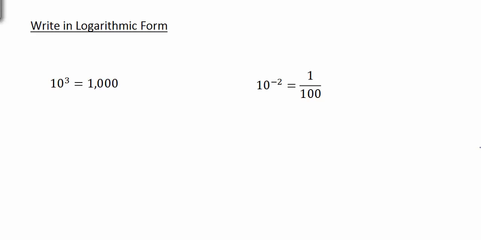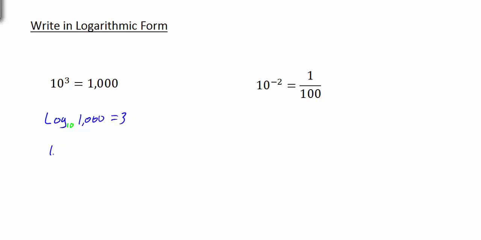So then how can we write this in logarithmic form? Well, now we have 10 cubed equals 1,000. That means we would write log base 10. This is understood, so we don't really need to write it. So it's log base 10 of 1,000 is equal to 3.